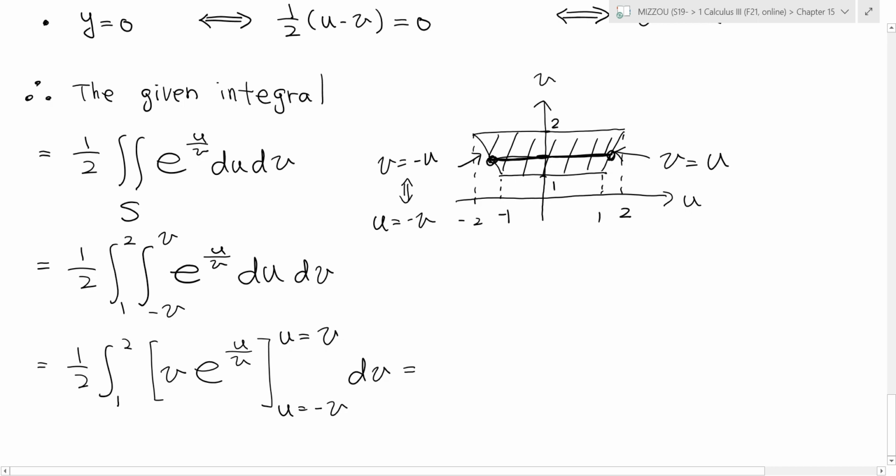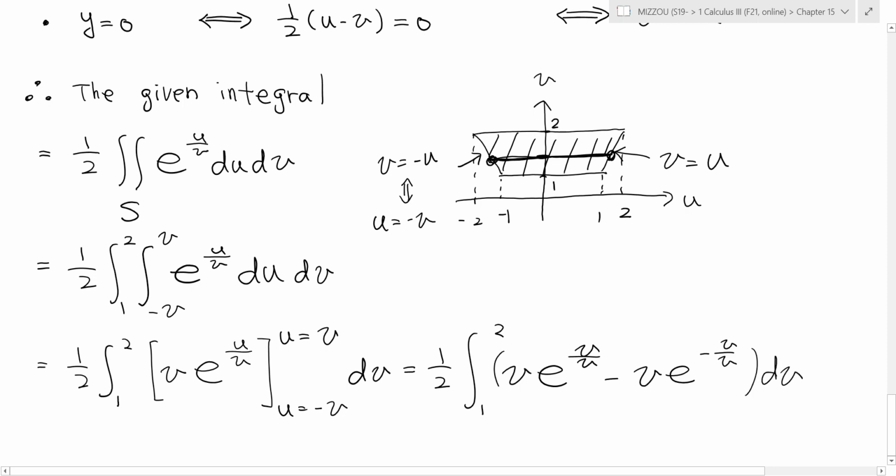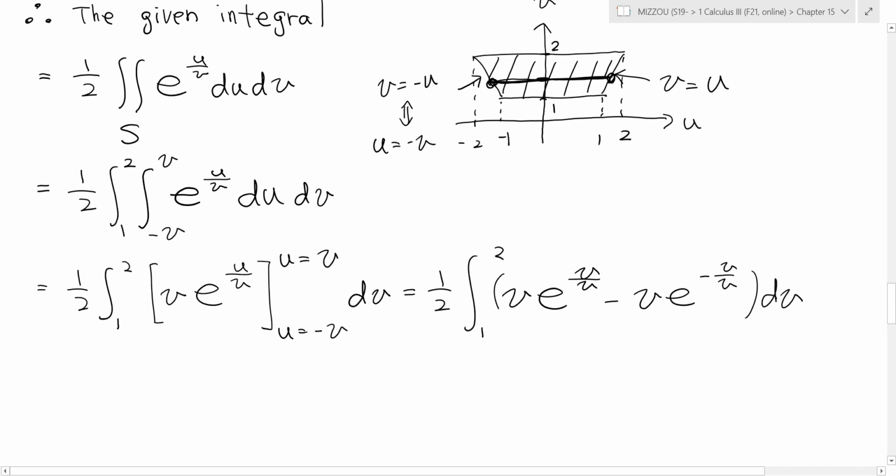So we have 1/2 integral from 1 to 2 of v e to the power of v over v minus v e to the power of negative v over v, dv.